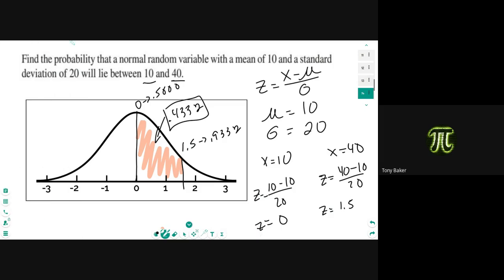Will any of these problems be phrased with the greater than, less than signs? Not these. We will get to those, but not these. All right.